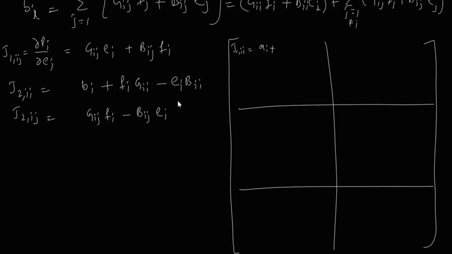AI plus GII EI plus BII FI. J1I comma J is equal to GII EI plus BIJ, this is IJ, GIJ FI.